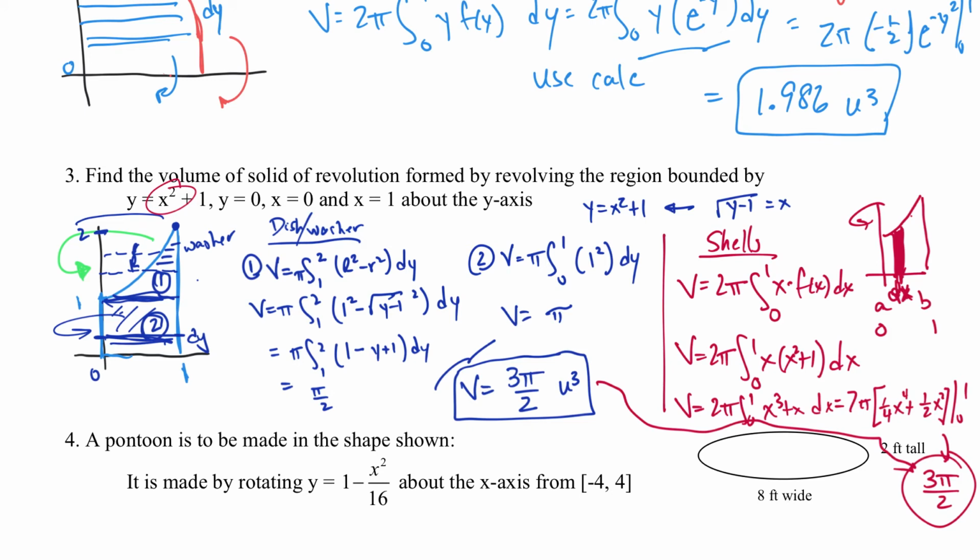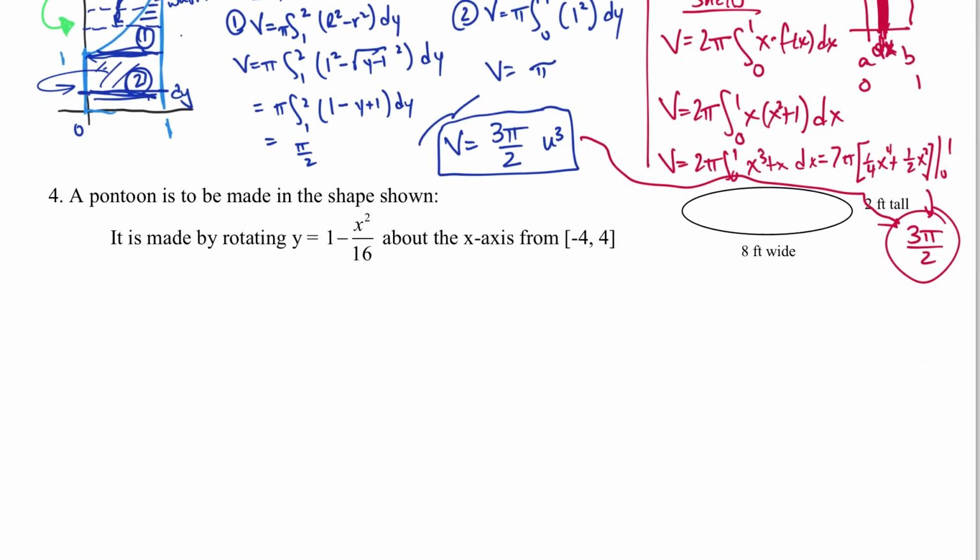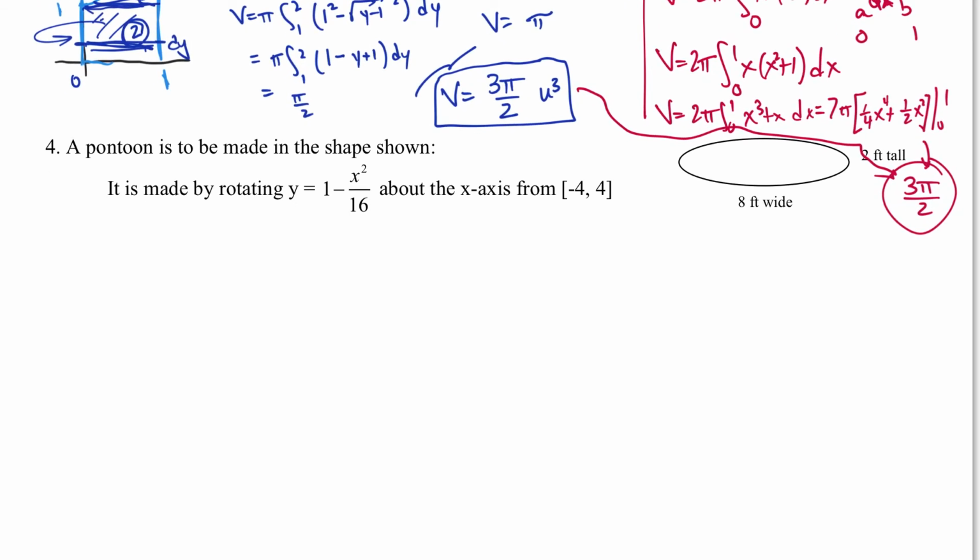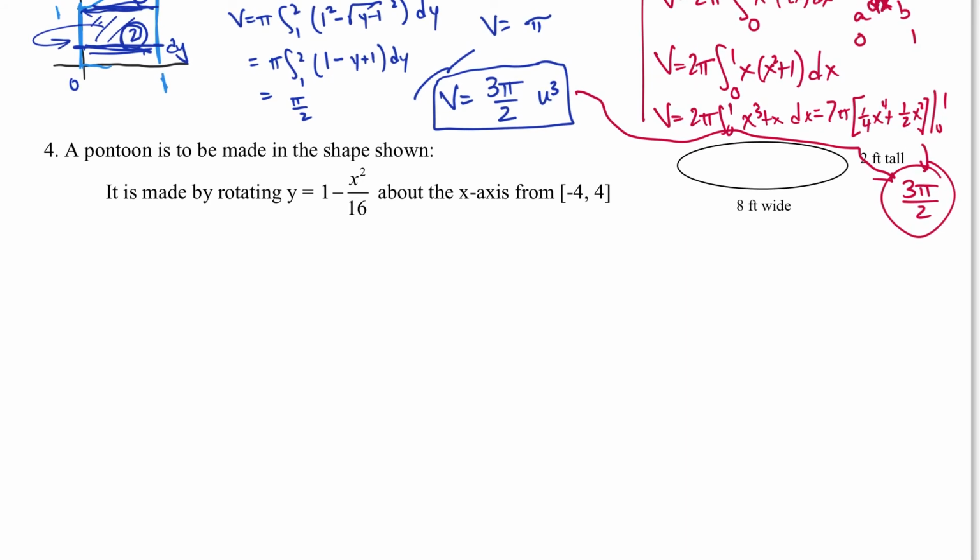All right, let's go ahead and do one more example. A pontoon is to be made in the shape shown. So it's made by rotating y equals 1 minus x squared over 16 about the x-axis from -4 to 4. So right here is the piece that I'm talking about, and we can put it on the axes here and say that this is like this and like that.